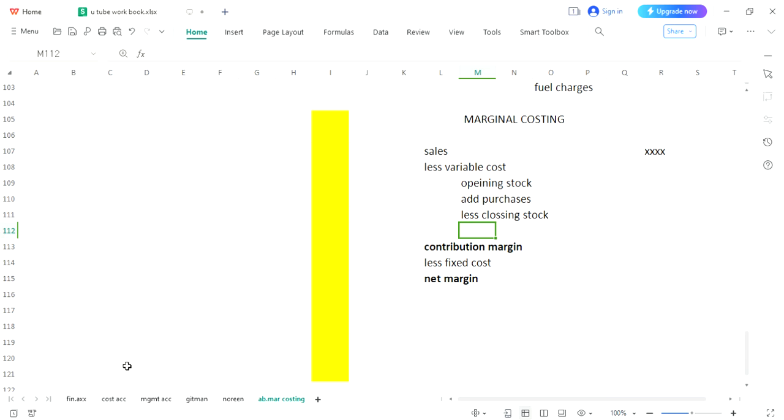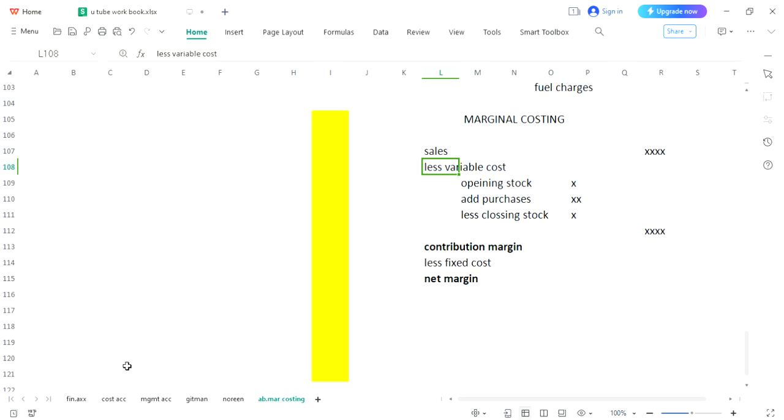In this way you will get your total cost, and the total cost would be mentioned over here. Here you will write your opening stock, then your purchases, and you will subtract your closing stock, and finally the amount of cost would be written here. But the important thing is to keep in mind that you are calculating only variable cost.